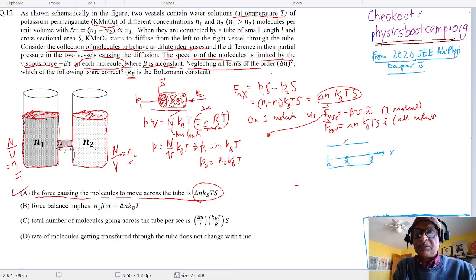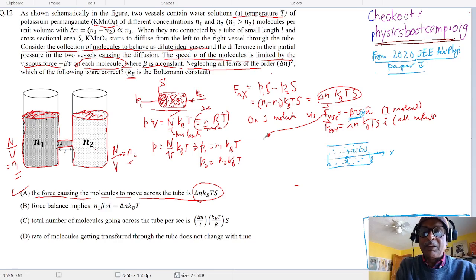This molecule has a velocity v, so that depends on x, on where it is, right? The velocity will depend on where it is. And if I want to add up all these molecules, one way to do it is, we need to have F on everybody here.